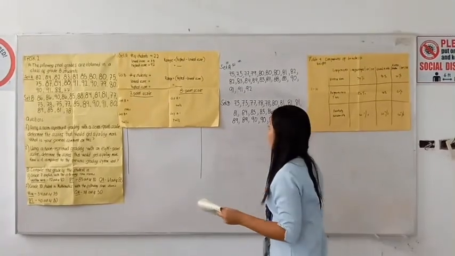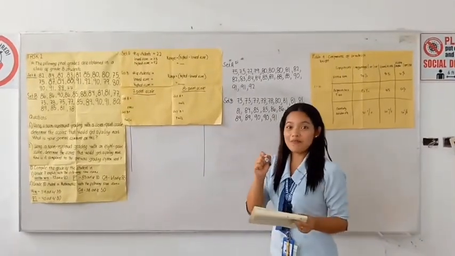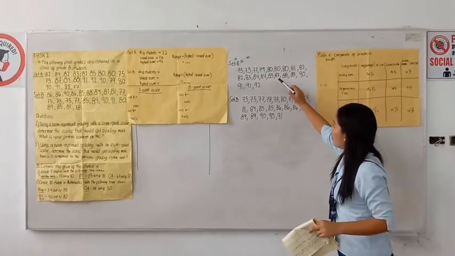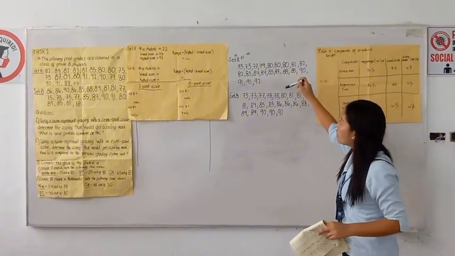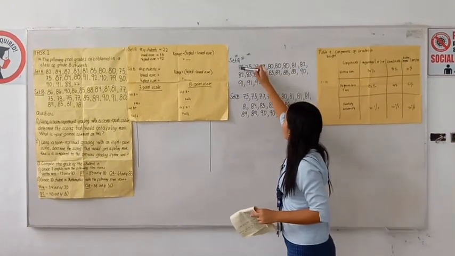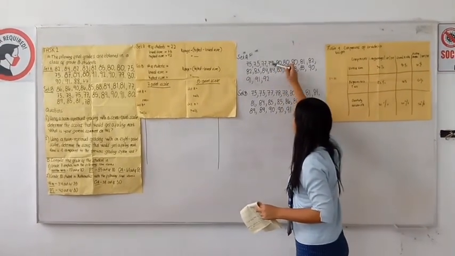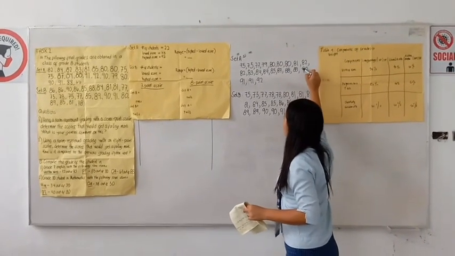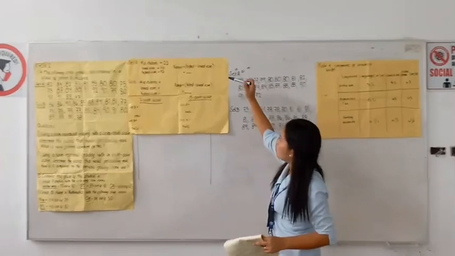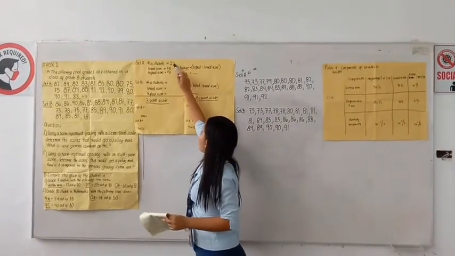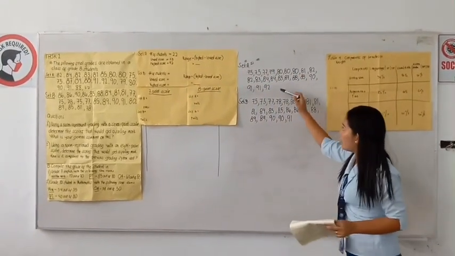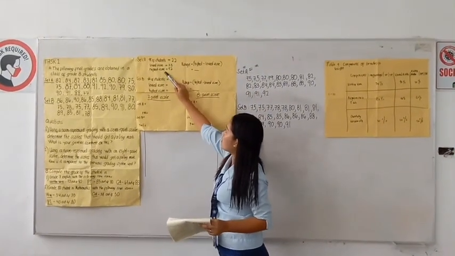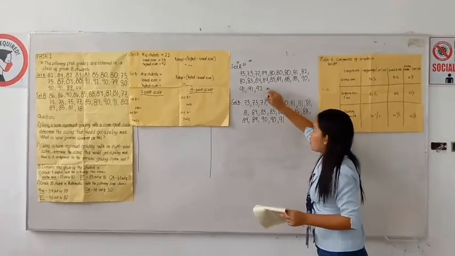Let's start with set A. We have to know the number of students. We have 22 students. The lowest score is 75. The highest score is 92.